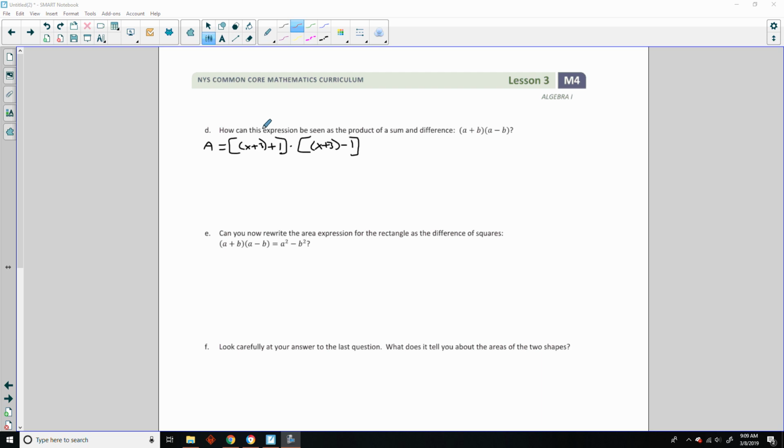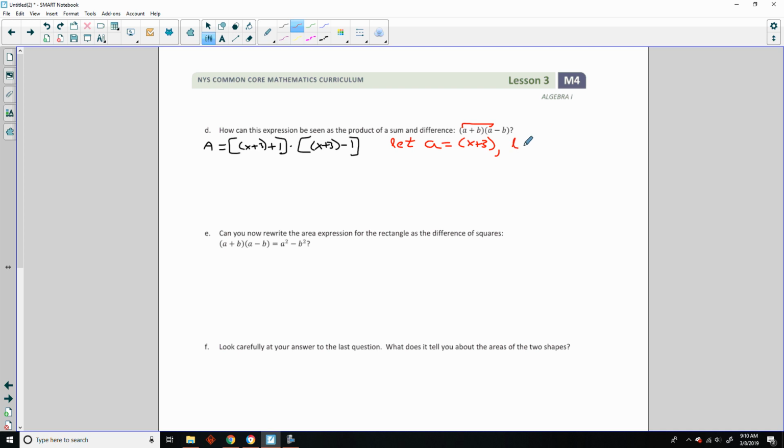Okay, so part D says, how can this expression be seen as the product of a sum and difference, a plus b, a minus b? So I copied over my answer from C just so we're not flipping back and forth. If you notice x plus 3, that's my first term, and my first terms here are the same. So I will let A equal x plus 3.